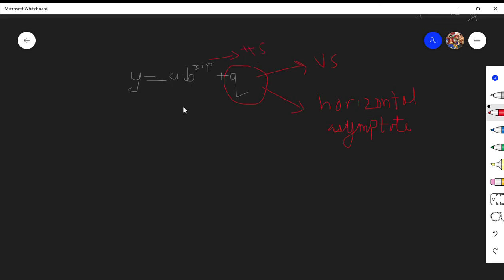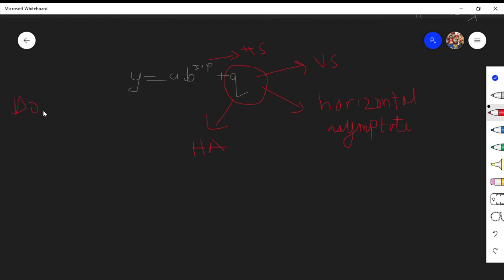And what else? The only line of symmetry that an exponential function has is actually our horizontal asymptote. Yeah, that's about it actually. Oh yeah, domain and range, sorry, I forgot about that.